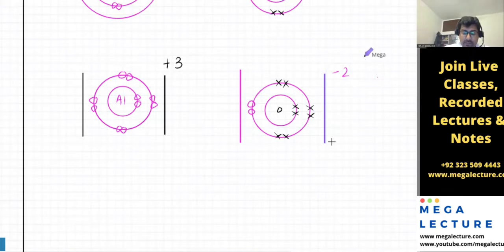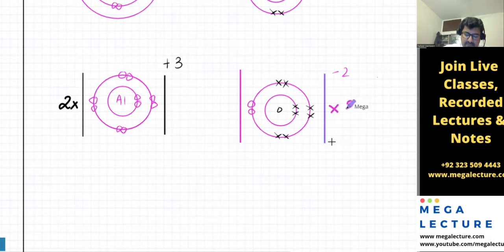And the shortcut I told you was, if you see a -2 charge over here, you go to the other one and multiply it by 2. If you see a +3 charge over here, reach the other side and multiply it by 3.